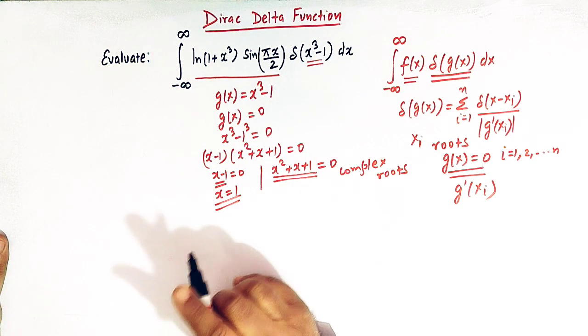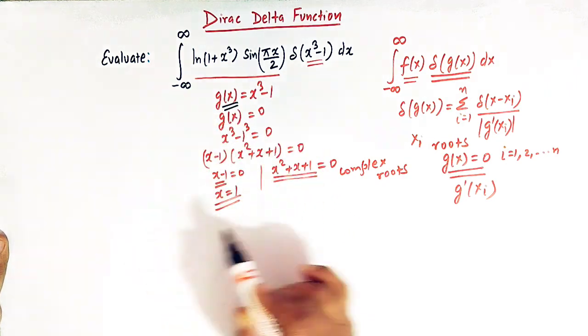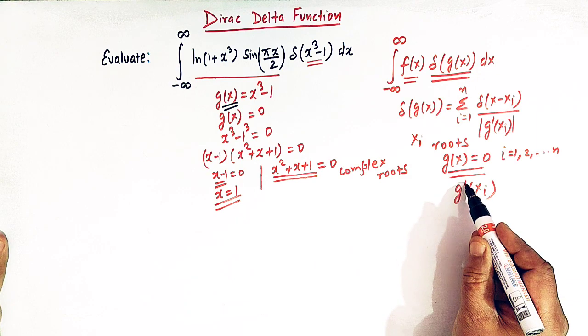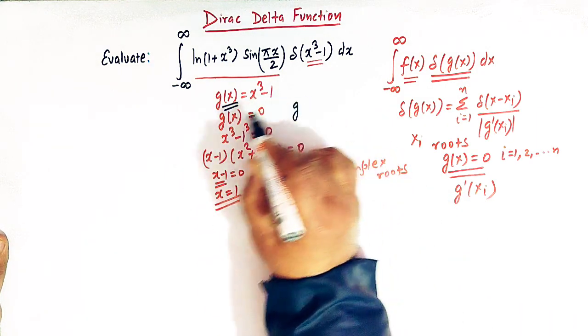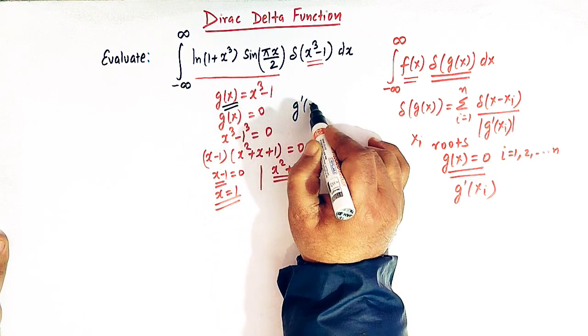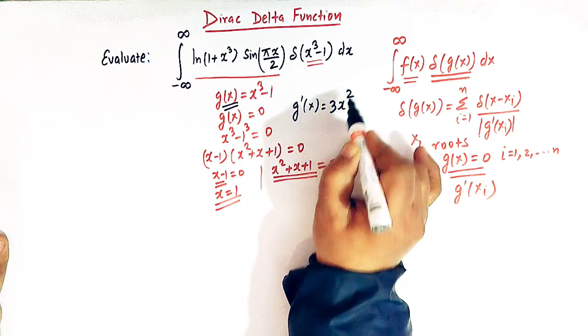The next step is to get the derivative of g of x, that is g prime of x, which is equal to 3x square.